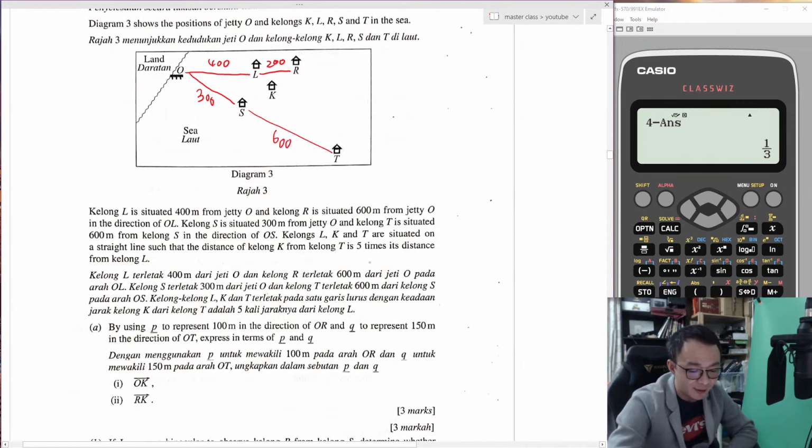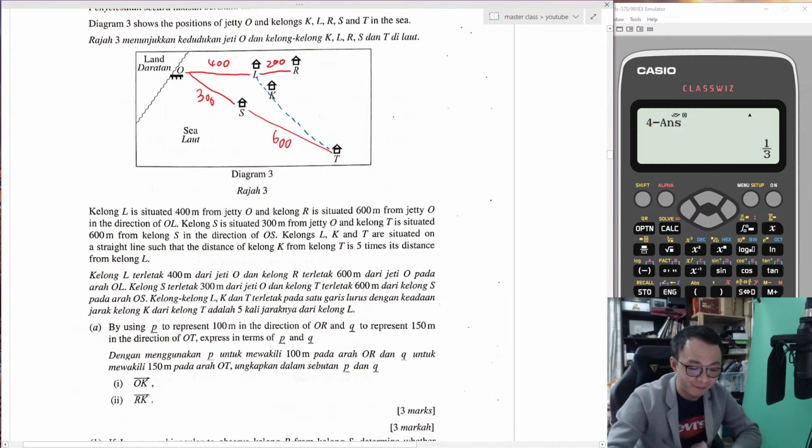Okay, then L, K, T are situated on a straight line. Let me use another color. So here will be the straight line as well, according to this question.